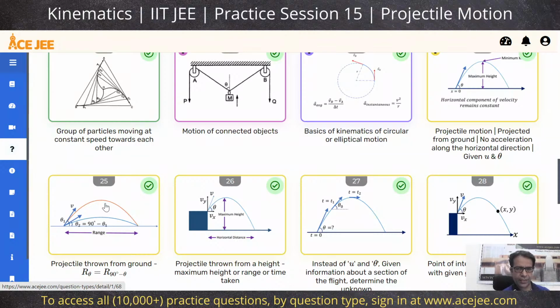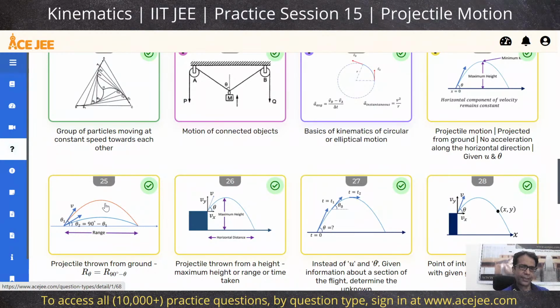Now, 28 is something we have not spoken about, wherein we have a projectile, and the projectile hits some given geometry. It might be a staircase, might be a ladder, might be a wall, whatever geometry it might be, and we'll try and figure out where it hits that particular geometry.